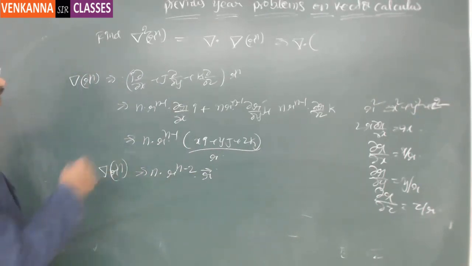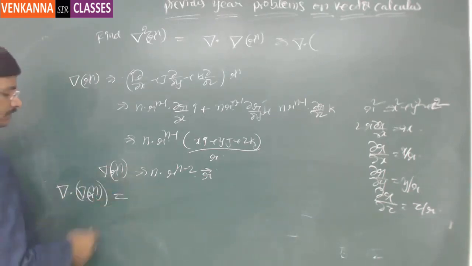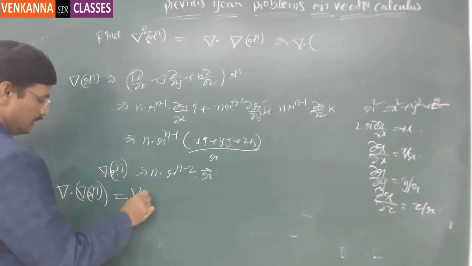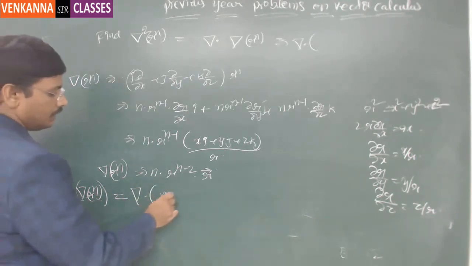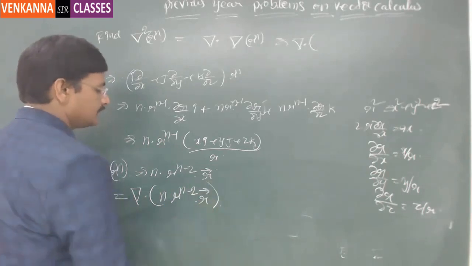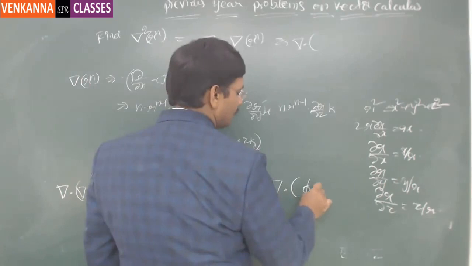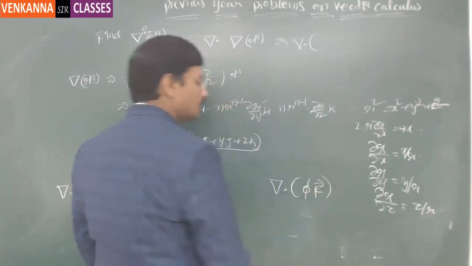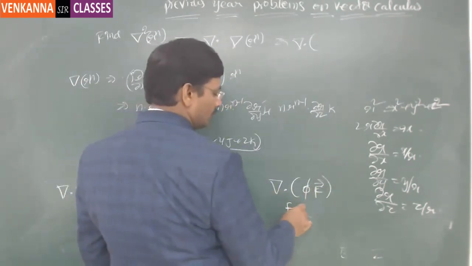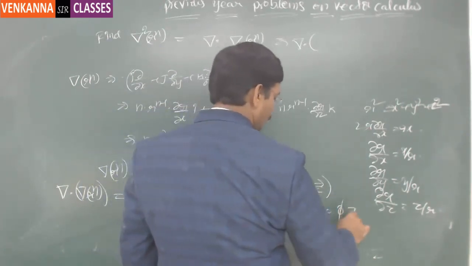Now actually you have to do a dot product for this. So del dot del of r power n. This is as if del dot operated on n r power n minus 2 into r bar. Now this is as if del dot operated on a scalar multiplied by a vector. If you operate this way, this is going to be f dot del phi plus phi into del dot f.